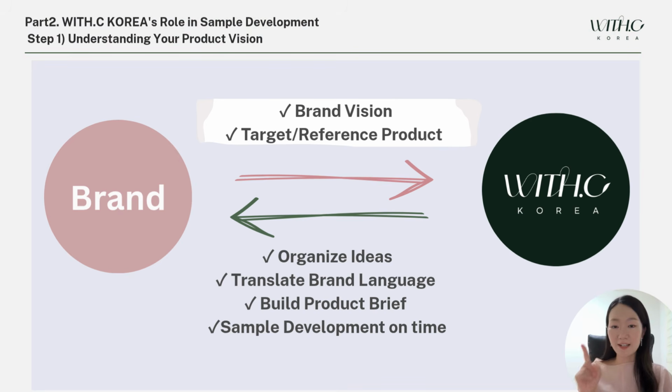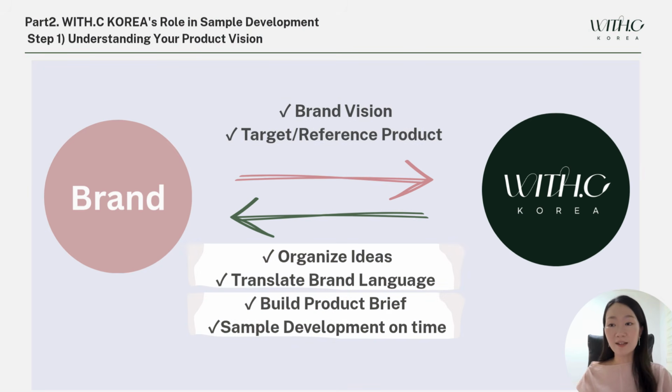At WITH.C Korea, we work as your product team based in Korea throughout the entire sample development process. Here's step 1, understanding your product vision. We help organize your idea into a clear and detailed product brief.